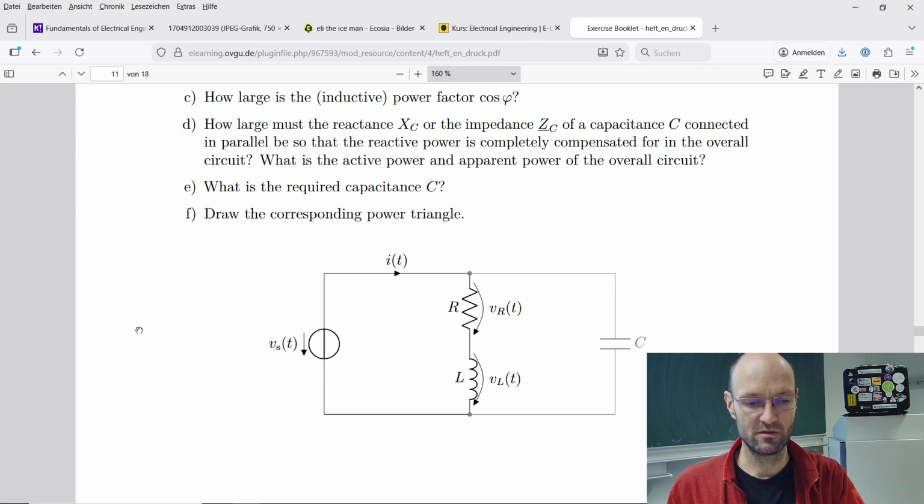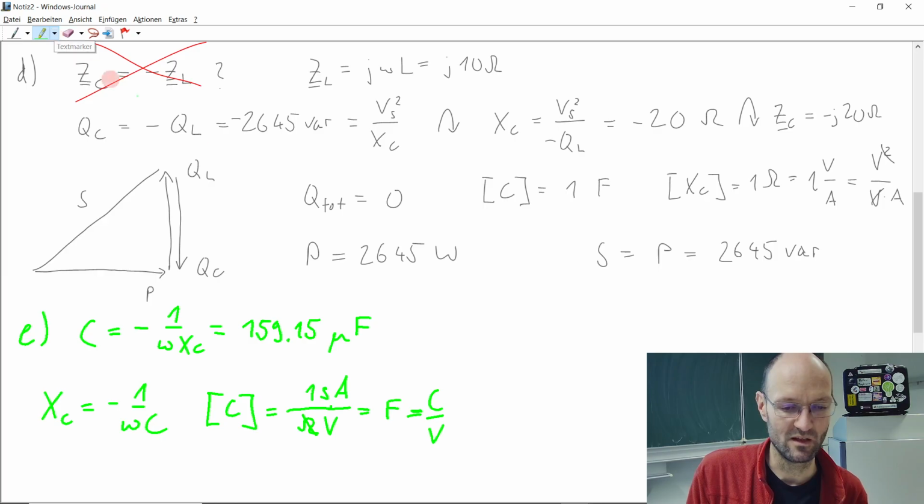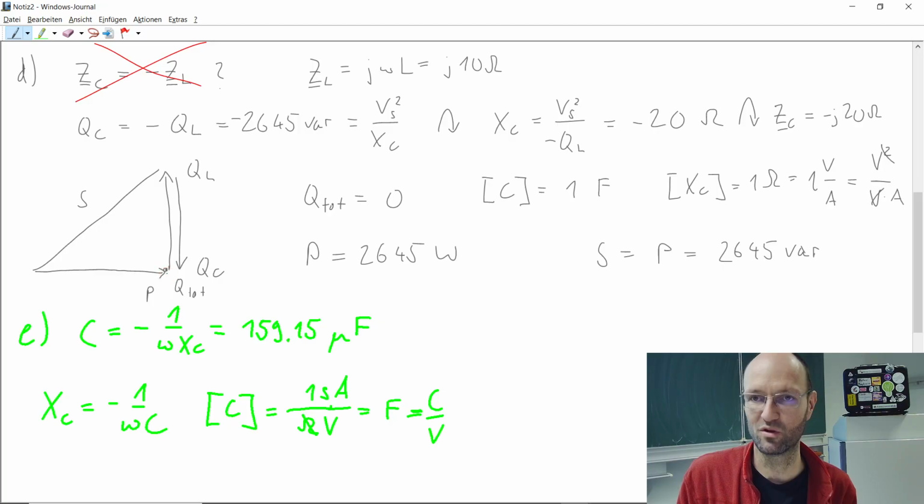Okay, and the last task we have by accident already done: draw the corresponding power triangle. It's more or less this one. And the compensated, or the Q total, because we did the full compensation, is just very small. It's not really some error, it's some small dot somewhere.